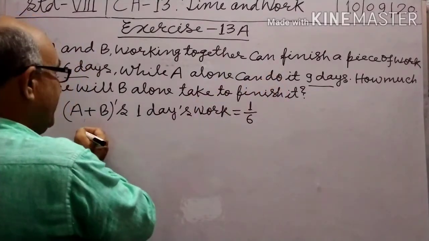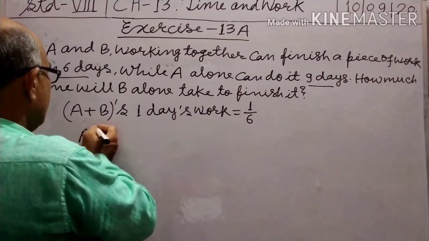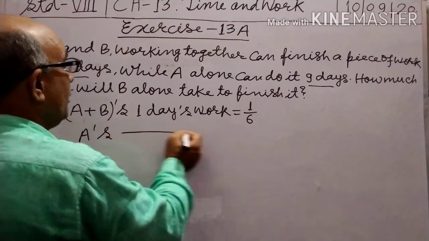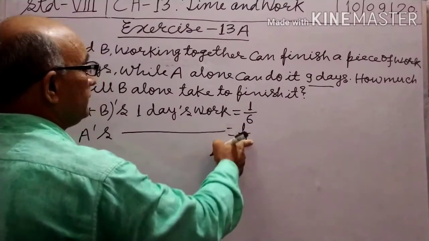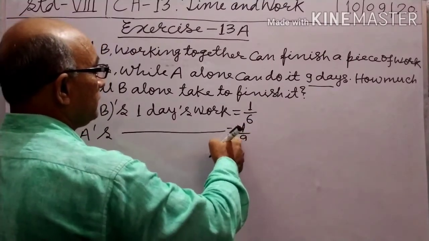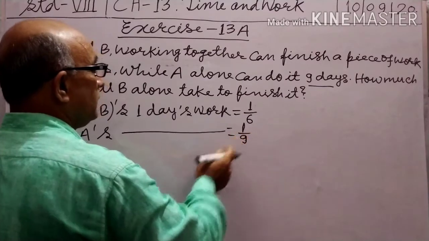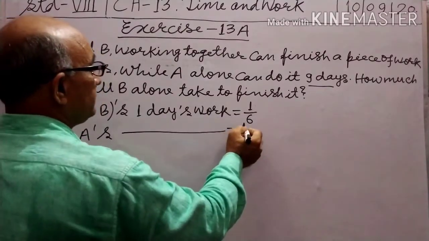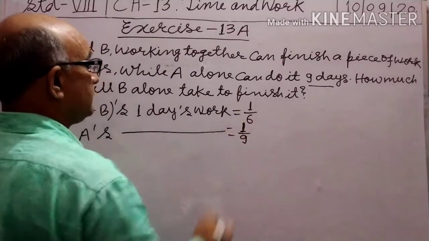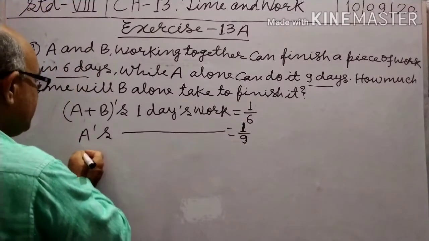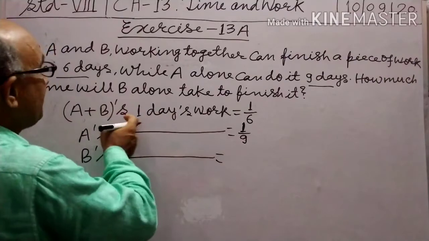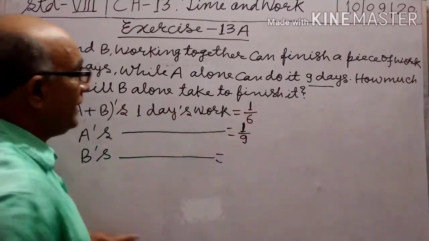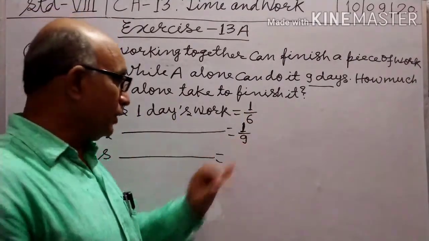So A's 1 day's work equals 1 by 9. Now B's 1 day's work. Here A plus B's 1 day's work is 1 by 6 and A's 1 day's work is 1 by 9.